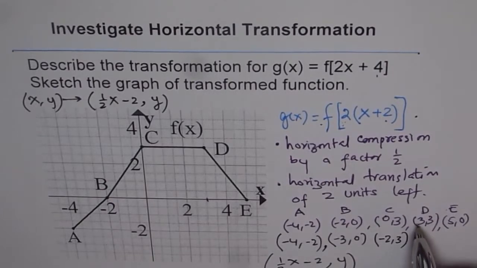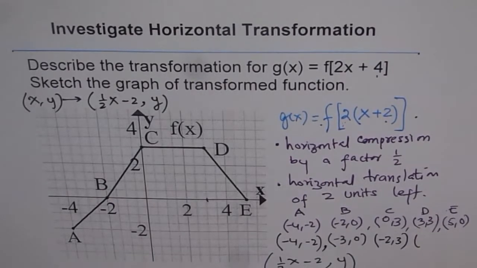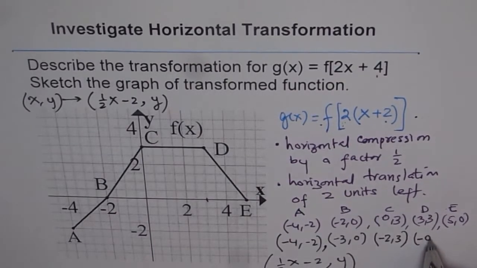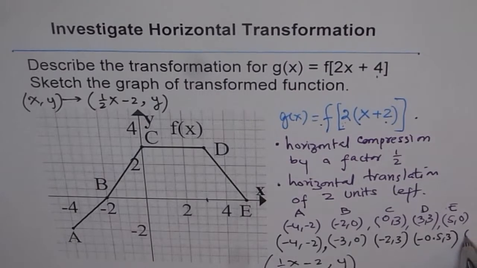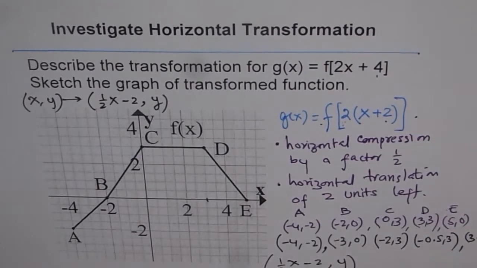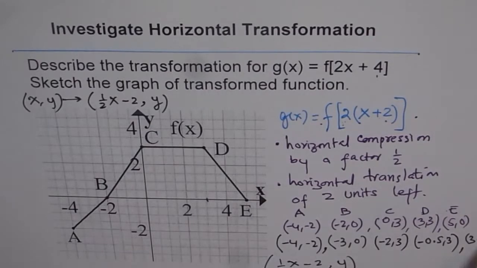Then half of 3 is 1.5, and 1.5 minus 2 gives -0.5 and 3. Half of 5 is 2.5, and 2.5 minus 2 gives me 0.5, and the y value remains as 0. So this is one way. Once you get a set of points, just plot them and you get your answer.